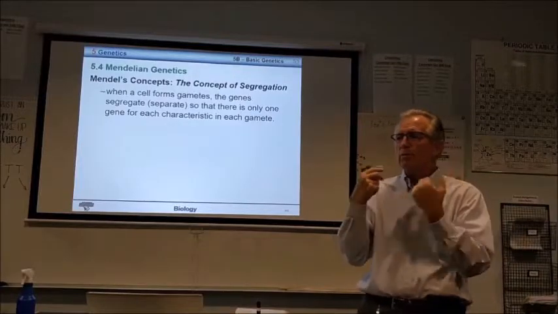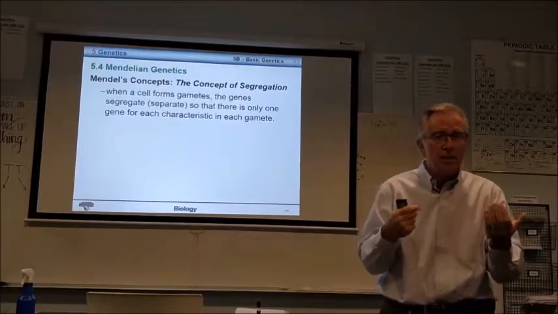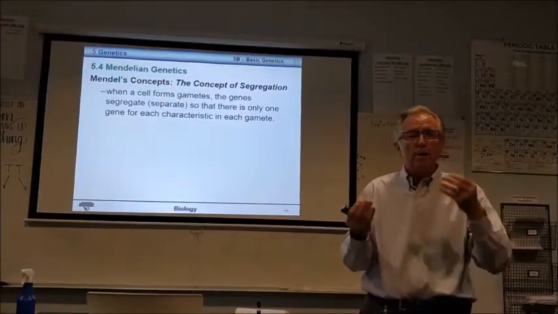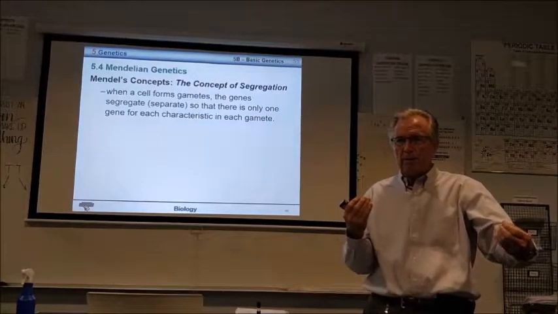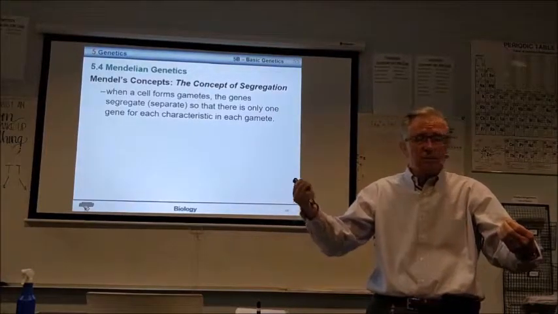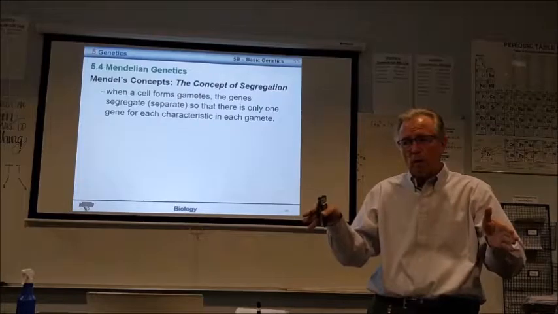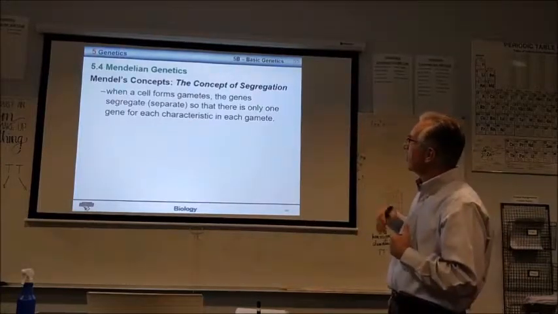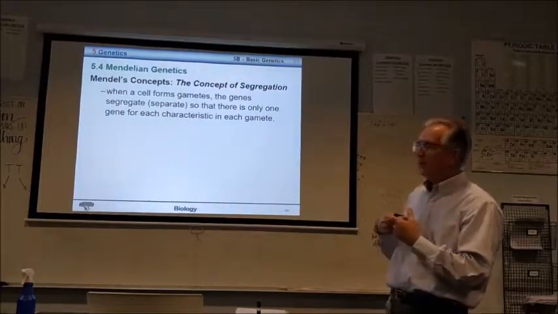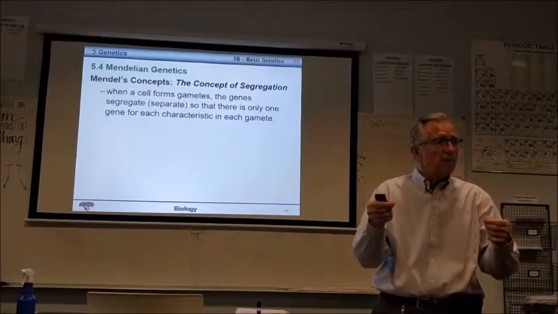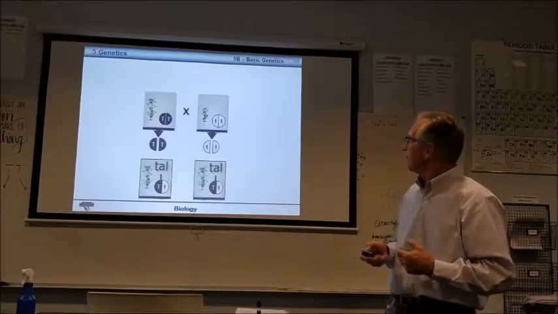In other words, if you possess, let's say, a capital T and a lowercase t, one sex cell would get the capital T, a different sex cell would get the lowercase t. They don't go to the same one. So that's what it means to segregate. They separate from each other in the formation of sex cells.